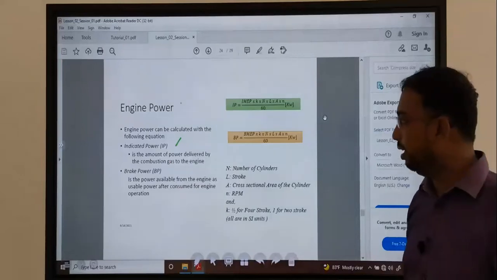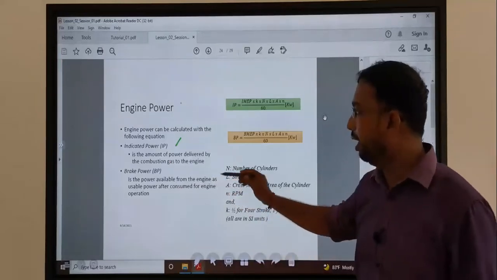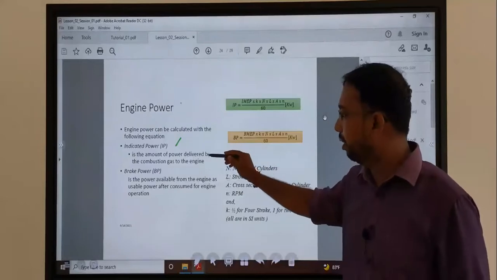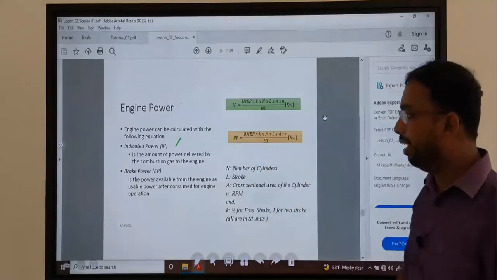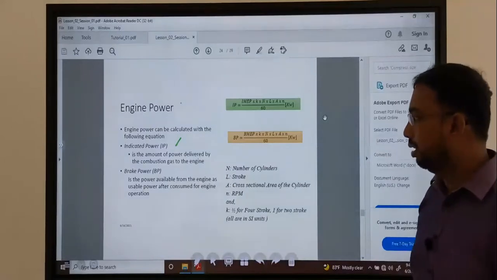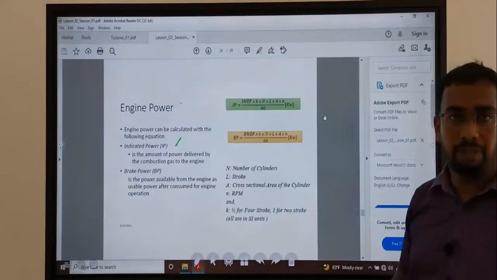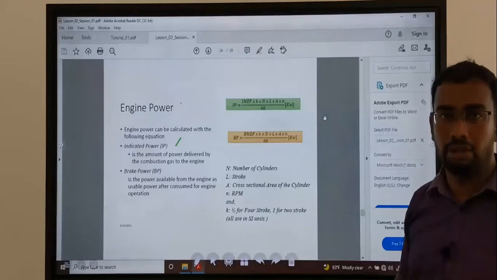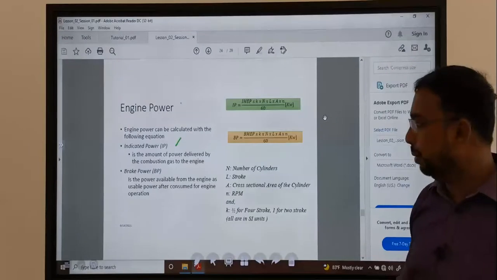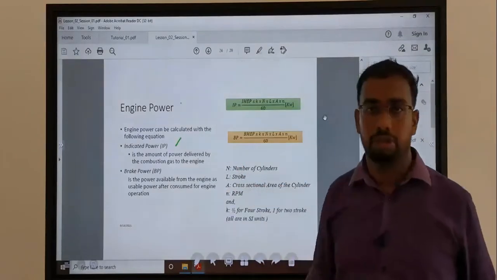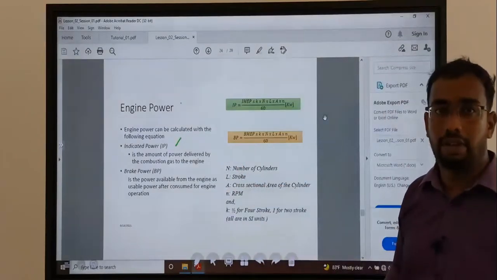The brake power, please understand carefully. This is the beginning: the power is created by the combustion gas. Then what will happen? Some amount of power is needed to work the engine continuously. So some amount of indicated power is used for the function of the engine.